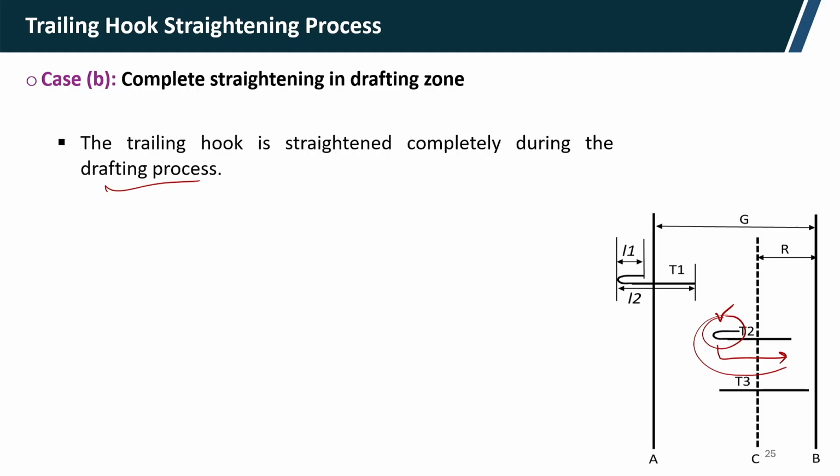But here the distance R between the front roller nip B and the accelerating point C is high, so it will take some time before the midpoint of the hook reaches the accelerating point.